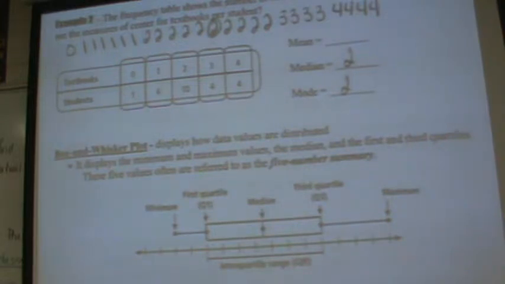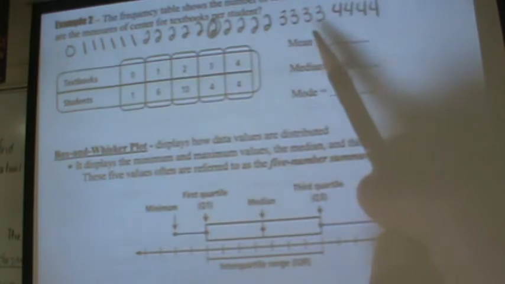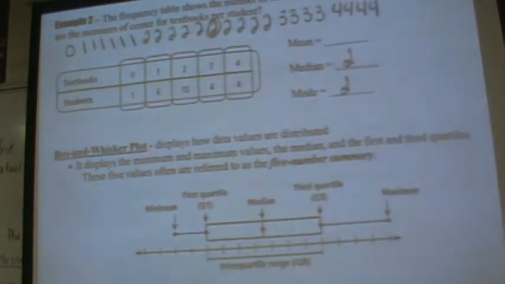Now to find our mean. If we wrote out our data set like this, we could just add them all up and divide. Or we can use the table. And we're going to multiply.